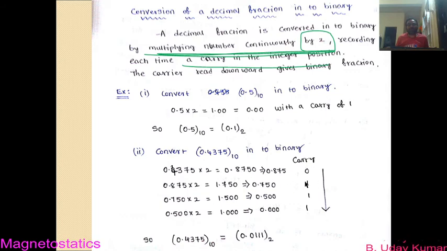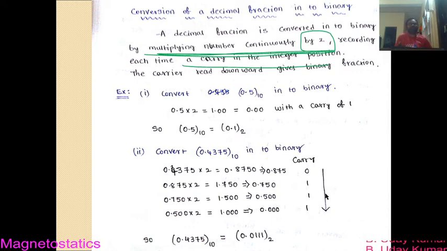After each multiplication, whatever carry we get, we write it down on its side itself, and the carries that we get are taken in a downward direction, which gives you the binary fraction. This is the technique we have to follow in order to convert a decimal fraction into a binary fraction.